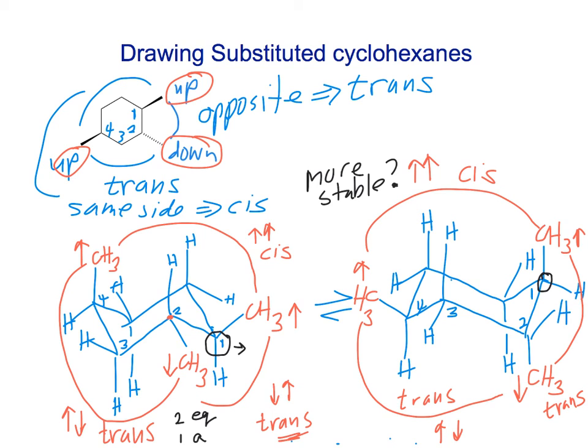We have one that's axial. In the structure on the right, we have one that's equatorial. We have two that are axial. All right? So the structure over here is going to be more stable because more of the methyl groups are in equatorial positions.